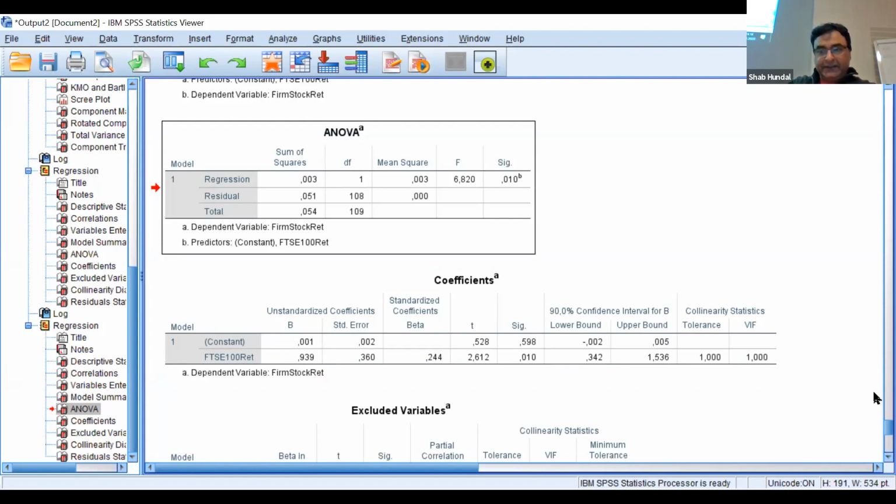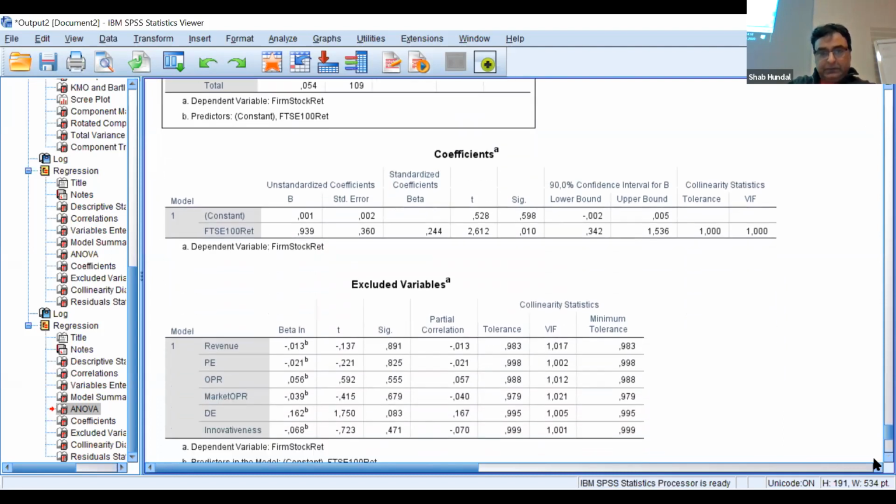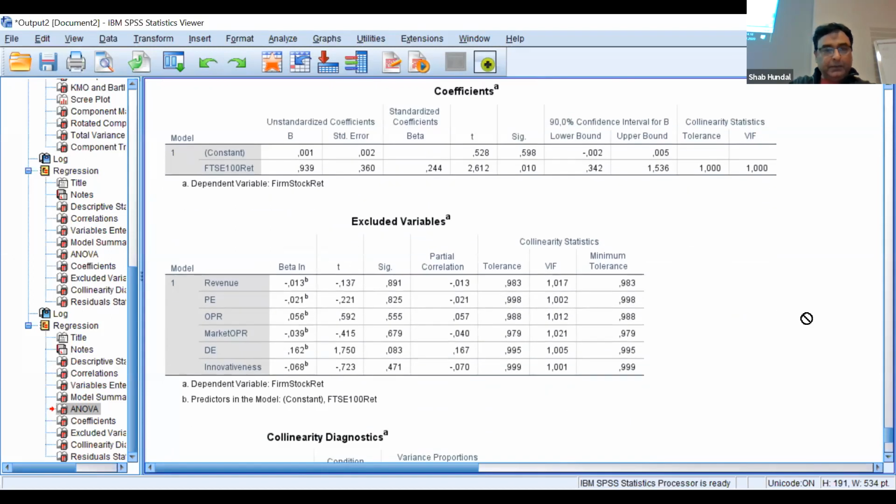And who else is your significant variable? The other significant variable is D to E, and the value of beta is 1.62. It's positive, and the level of significance is basically 8%.